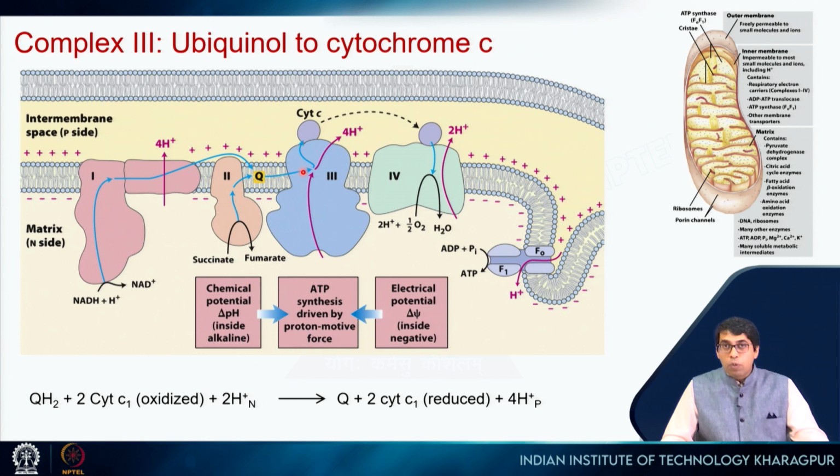Cytochrome C1 is part of complex 3, and cytochrome C is a soluble protein which will shuttle between complexes 3 and 4. While this happens, 4 protons are again pumped out from the matrix, or the N side, into the intermembrane space, which is the P side.